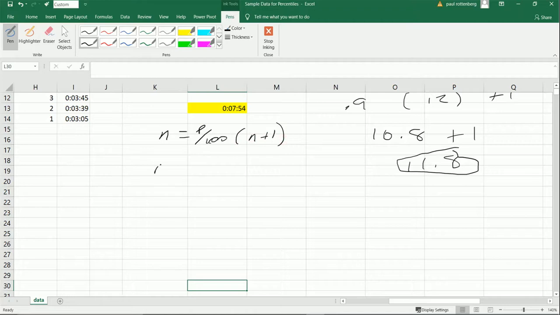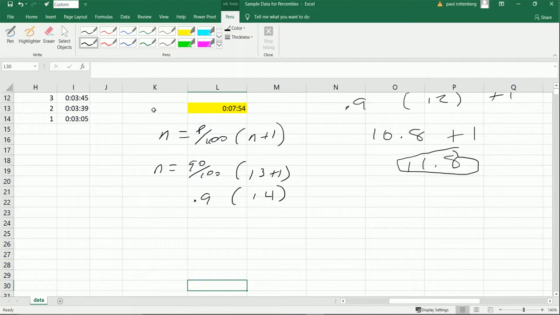So n equals 90 over 100 times, in this case, 13 plus 1, which means 0.9 times 14 gives us our answer. So what's 0.9 times 14?